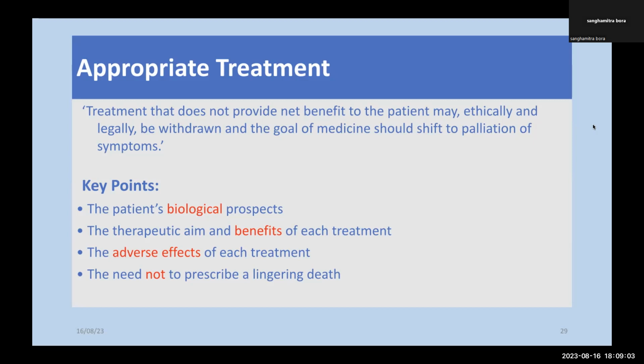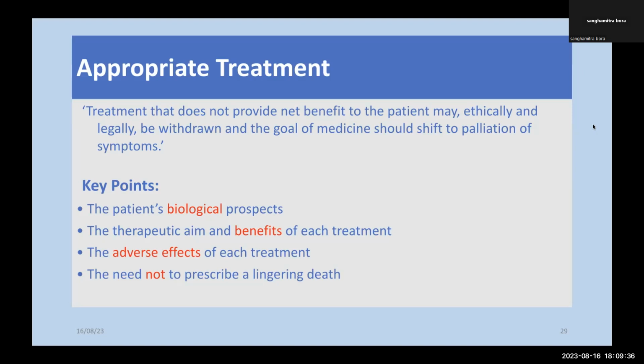But having said this, if we as a team have a consensus that this patient is at the end of life and we need to put him on an appropriate treatment, the key points would be the patient's biological prospects, the therapeutic aim and benefits of each treatment that we devise, the adverse effects of each treatment, and the need of not prescribing a lingering death.